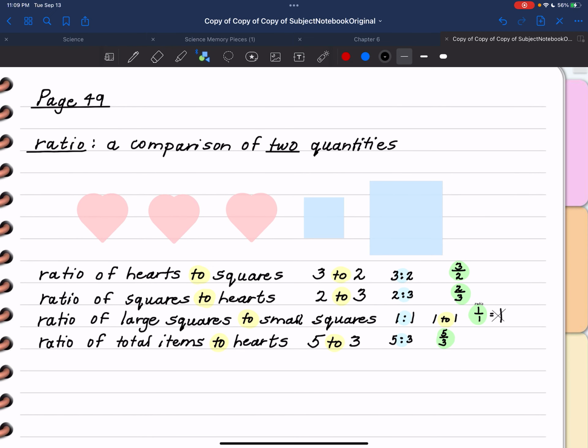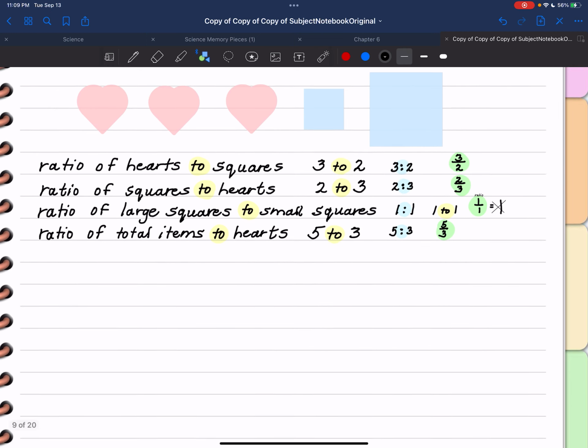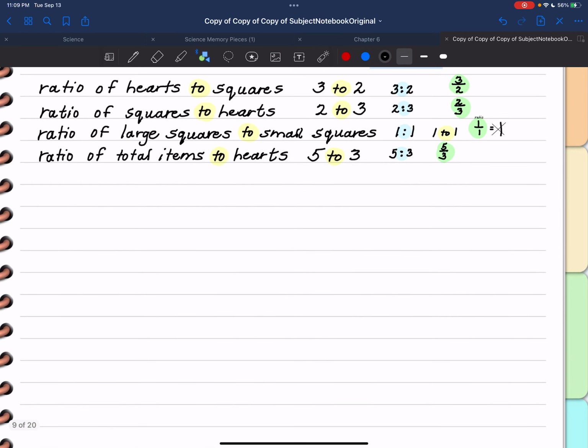Okay, let's talk just a little bit about a unit rate. This is going to be an important term later on in mathematics when you're looking at chapters 5 and 6 and you're looking at functions and graphs. Unit rate will be very important. But this is also just a skill that will help you solve some basic problems. So it's important that you understand what a unit rate is.